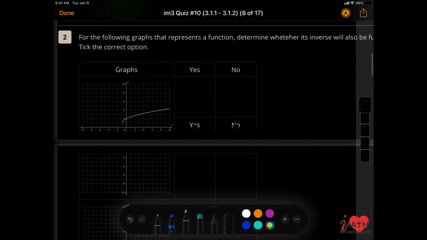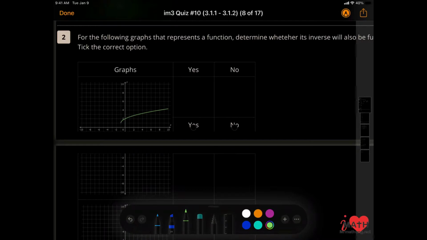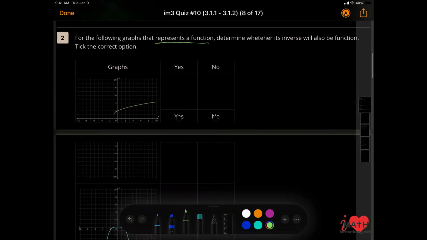Number 2, for the following graphs that represent a function, so they're already telling you it's a function, determine whether its inverse will also be a function. How do we do this graphically? You're going to do something called the HLT, the horizontal line test.